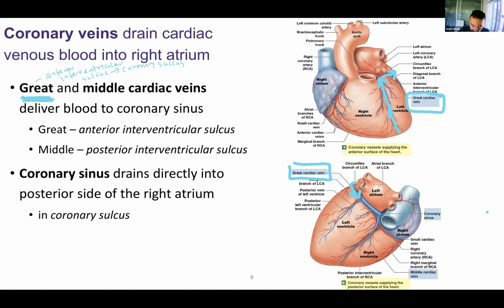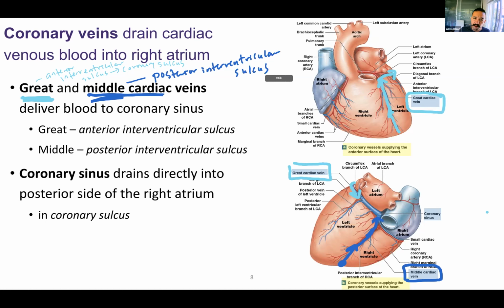While the middle cardiac vein starts on the posterior side. It's not as long. The middle cardiac vein is in the posterior interventricular sulcus. There is a small cardiac vein.